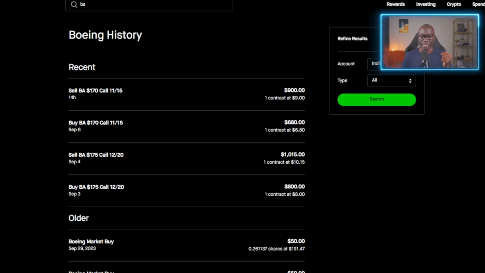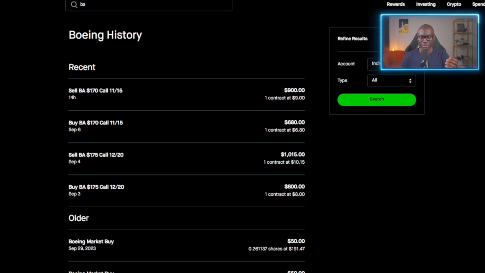Okay, my intention is really to just make profit on the premium I paid for that contract. So when I bought this call contract, I bought it for $800, and right next day I sold it for $1,015 for a profit of about $215.